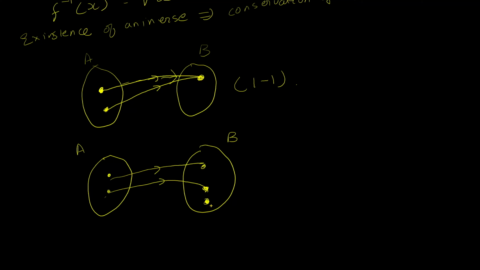So I kind of lost information. You can always tell that the existence of an inverse implies conservation of information like we talked about earlier. But these are the two defining characteristics, and this implies that the function needs to be onto.